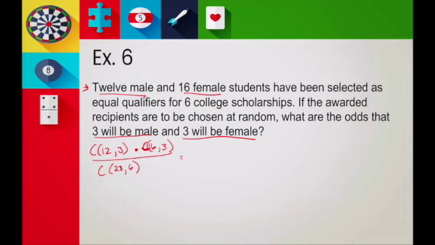So we do our combination formula: 12 factorial over 9 factorial 3 factorial, times 16 factorial over 13 factorial 3 factorial, all over 28 factorial over 22 factorial 6 factorial.